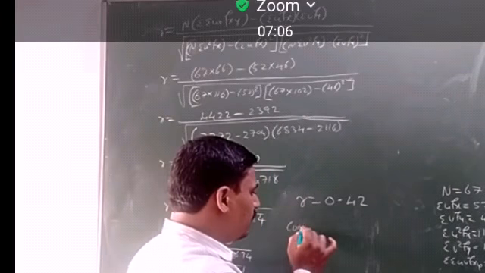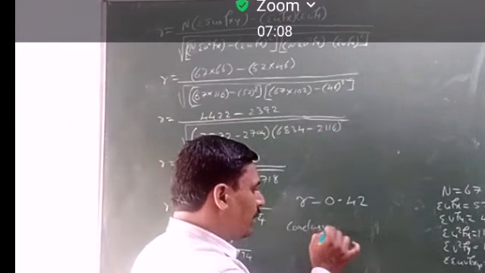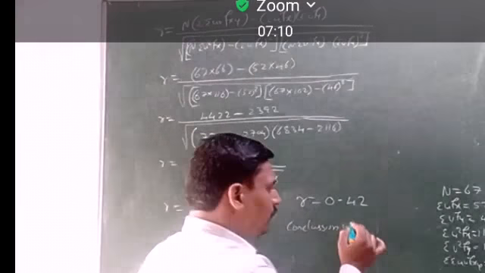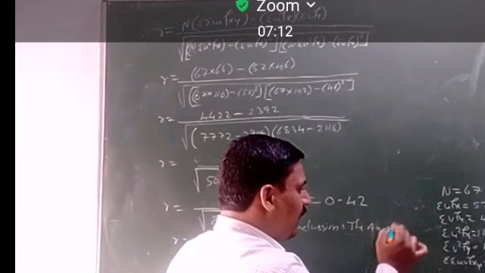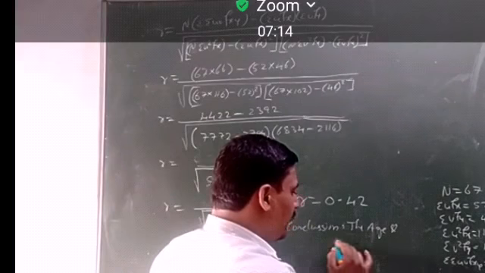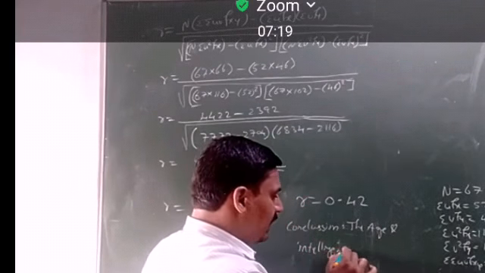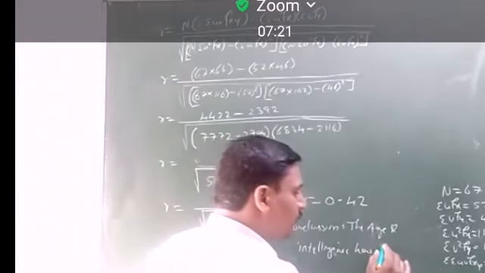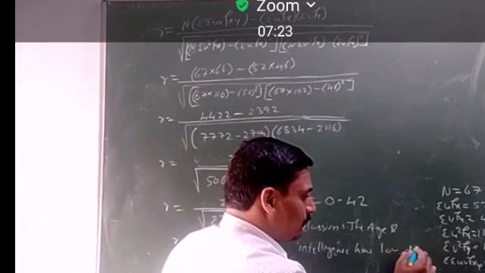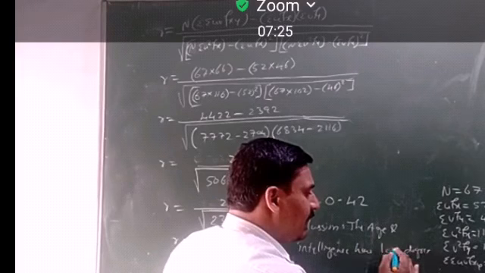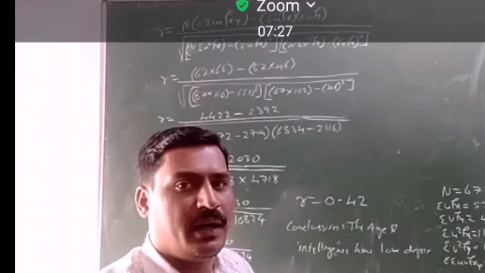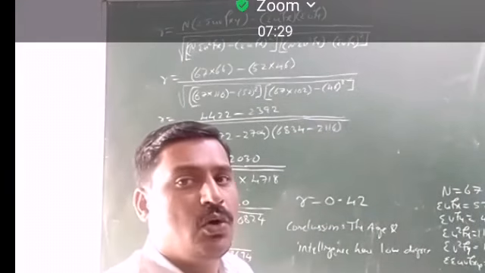Okay, so finally we need to write a comment here. Conclusion: that the age and intelligence have low degree. As we got an answer here less than 0.5, it indicates low degree.